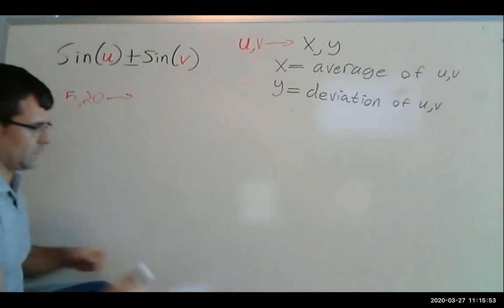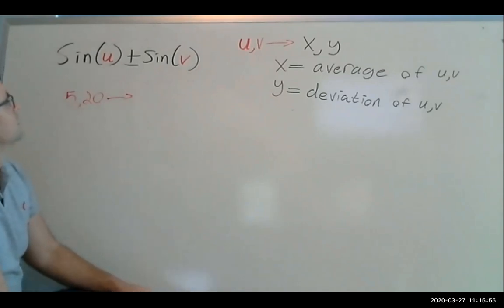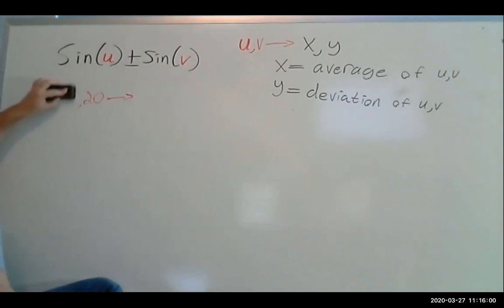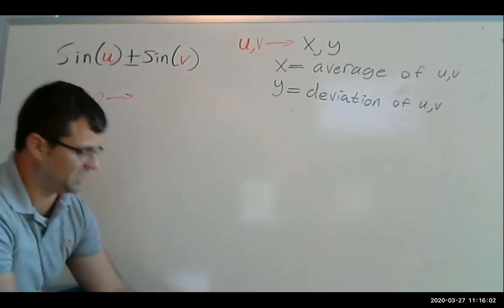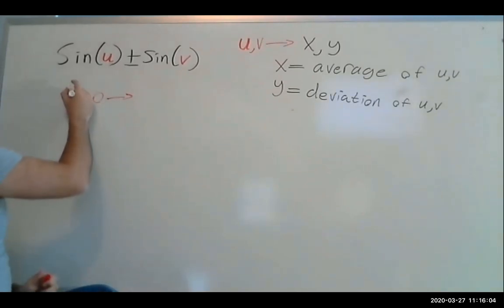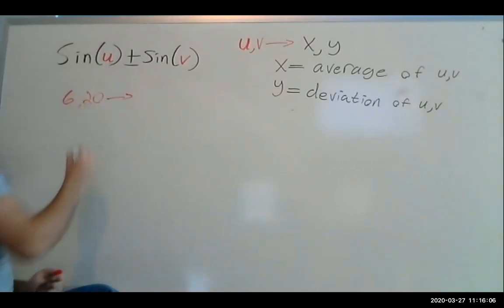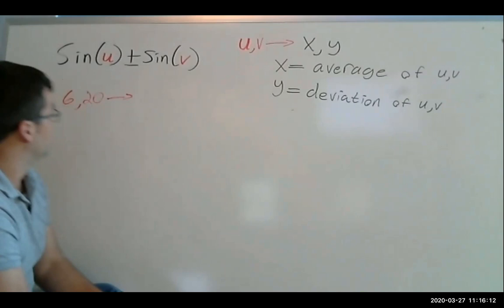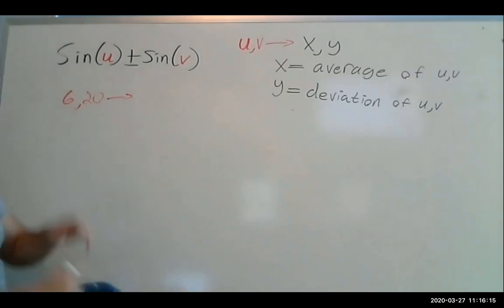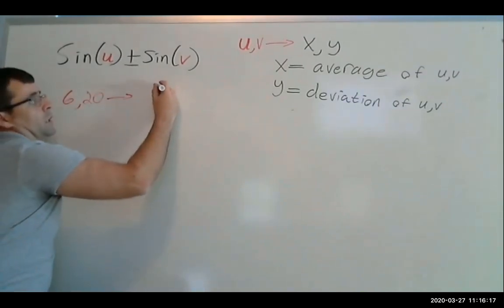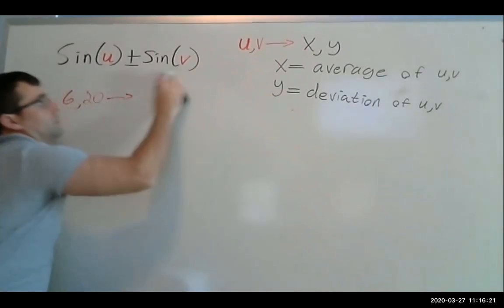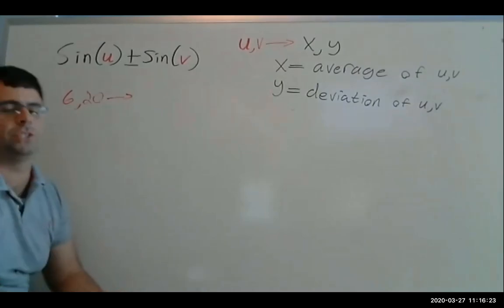So, just for simplicity's sake, let's do 6 and 20. Doesn't really matter. All right, so the average of these two numbers, what is the equation for the average of two things?